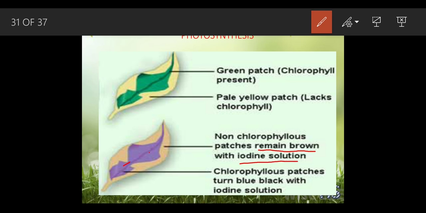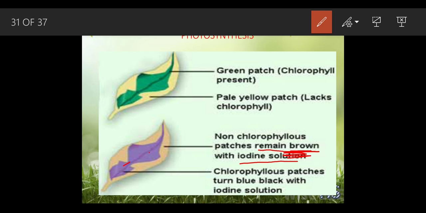Because I already mentioned, if the starch is present, it will turn, sorry, only the green part will turn bluish. Okay, or you can tell brown also, that it shows that there was a presence of the starch.